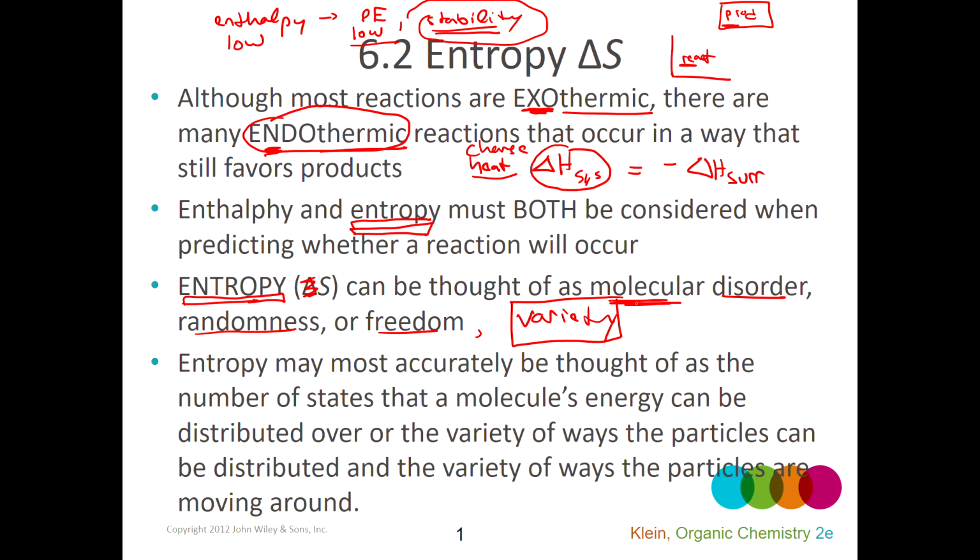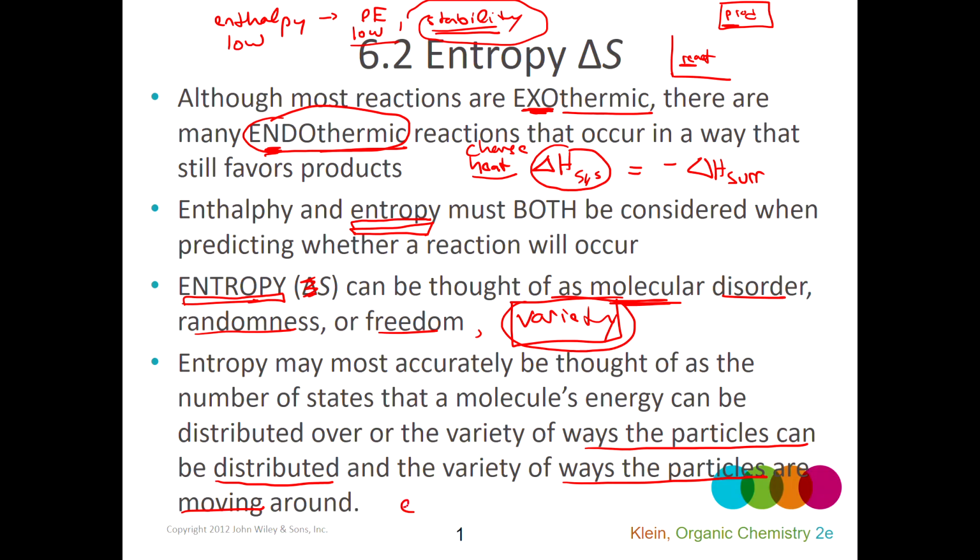Is every molecule moving in the same way, or is there variety? Are some moving fast and some slow? Are some vibrating in different ways from others? Are some molecules rotating around all their bonds and other molecules maybe can't because they formed rings or double bonds that can't rotate? So the more variety there is in the ways that the particles can be positioned in space, as well as the ways that the particles are moving, the more entropy you have.